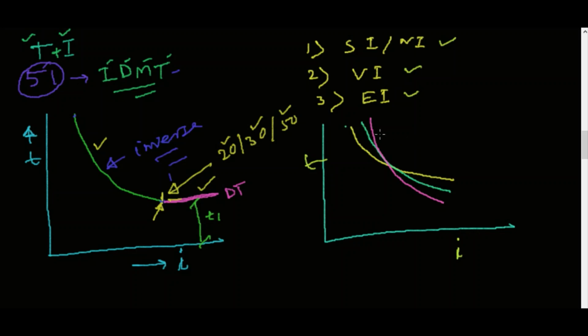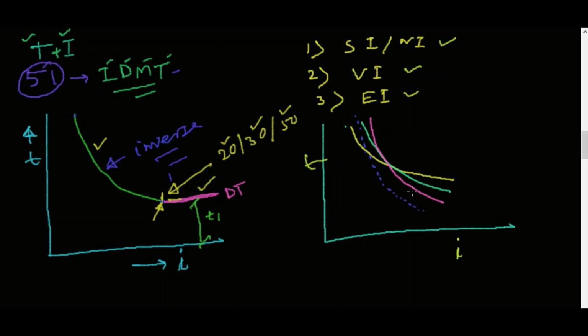Based on the downstream network, the downstream protection system, we need to choose which curve to select, either normal inverse, very inverse or extremely inverse. Suppose the coordinated downstream relay characteristic is like this, shown in dotted line.